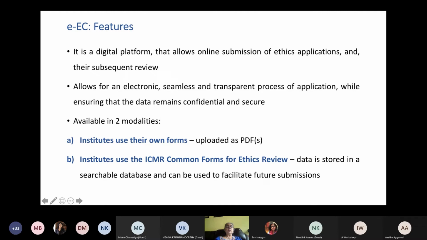And it is available in two modalities. One is that the institute uses its own forms uploaded as PDFs, or the institute uses ICMR common forms for ethics review, and the data is stored in a searchable database and can be used to facilitate future submissions.